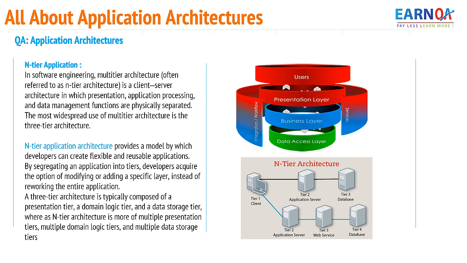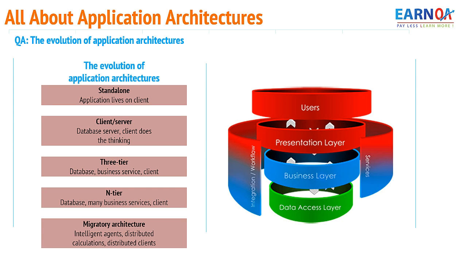Most web applications in banking, financial domains, and insurance fall under this category. Now let me have a look at the evolution of application architectures. There are four architectures: standalone, client server, three-tier, n-tier, and slowly these days there is a cloud-migrated architecture.